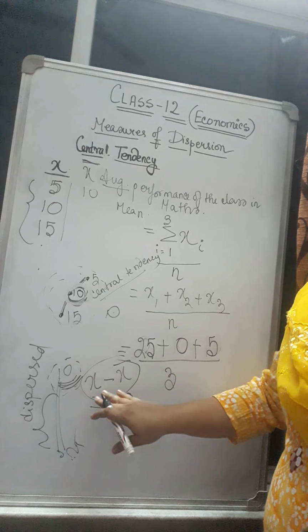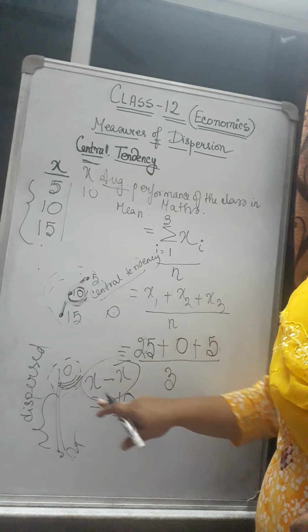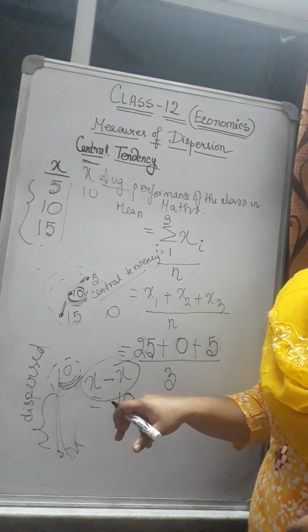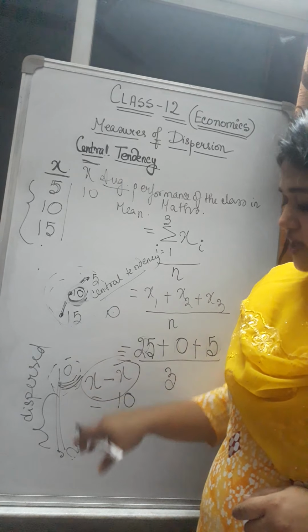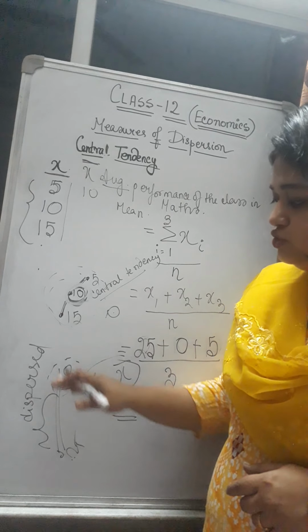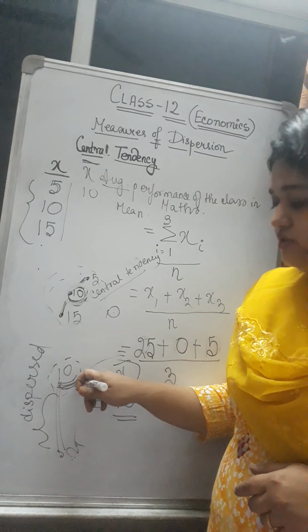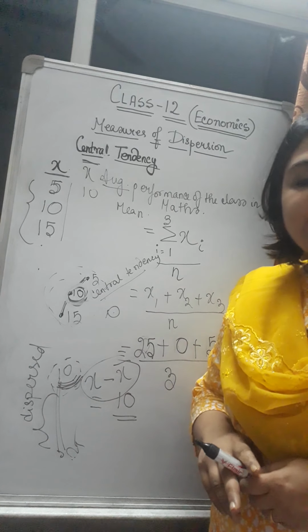In this case, x means 25, x bar or central value is 10. So 25 minus 10 is 15. So almost the average and the original value deviate by 15 marks. So the more the data are dispersed, the central measure or the average cannot give a true picture.